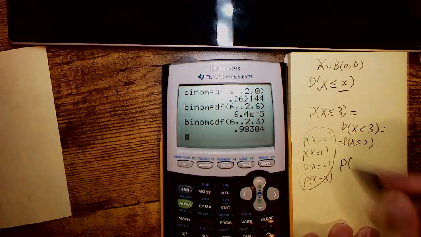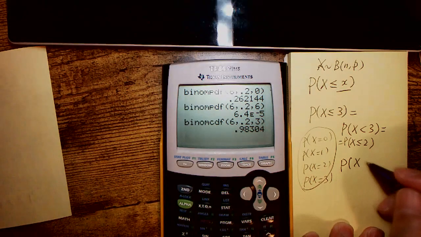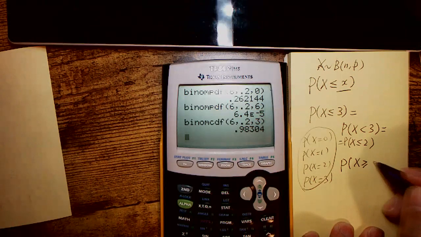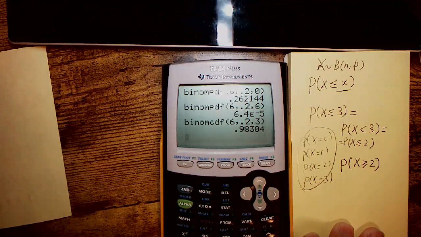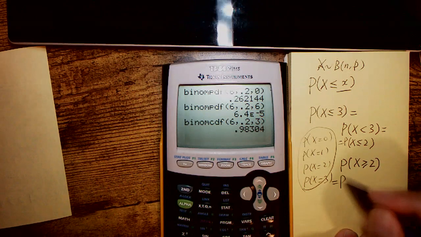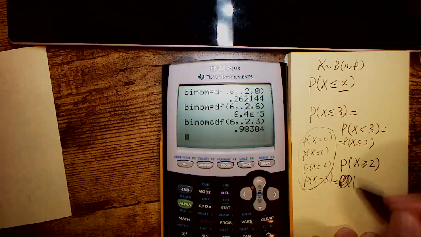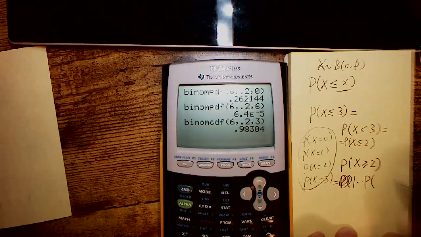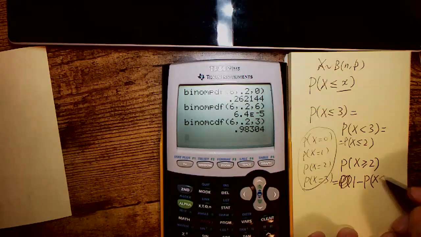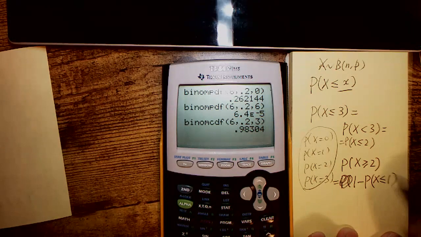Question, what if you need to find the probability of x is bigger than or equal to a number? Let's say 2. Is bigger than or equal to, not less than or equal to. And you have to modify this as well. Bigger than or equal to 2 is the complement of x is less than or equal to 1, right?